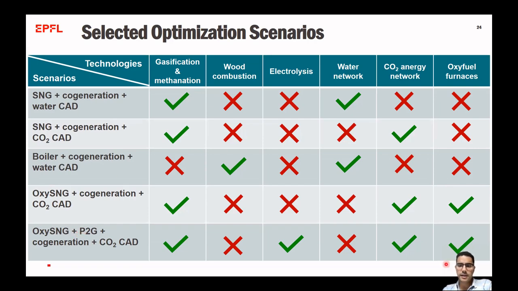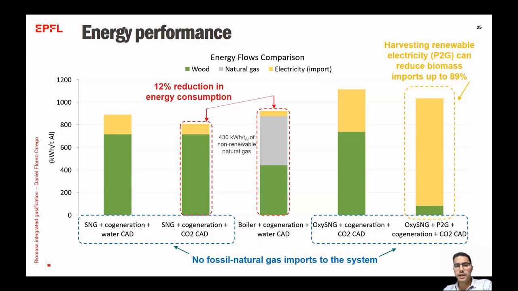So let's see some of the options that we have selected for comparing the use of the biomass, either in the production of synthetic natural gas or the direct supply of the waste heat into the city. As we can see here in this plot, we have different options for using the biomass against the total energy consumption, considering biomass, natural gas, if there is any import of natural gas, and electricity.